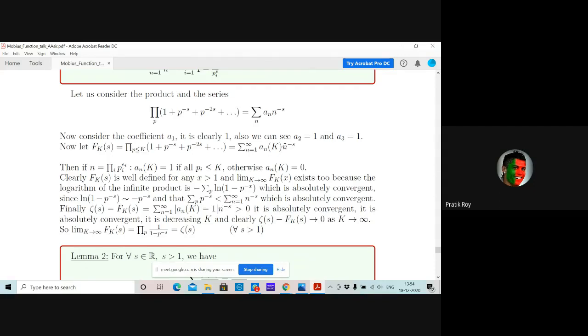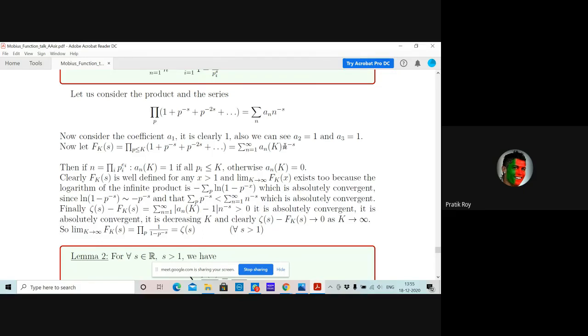For example, one box has 1 plus 1 by p plus 1 by p square, 1 by p cube, and so on. Another box has 1 plus 1 by p square plus 1 by p to the power 4, and so on. And another box has 1 plus 1 by p to the power s, 1 by p to the 2s, 1 by p to the 3s, and so on. So how can I get n from here? 1 by n. So I must pick the second elements from each of these.